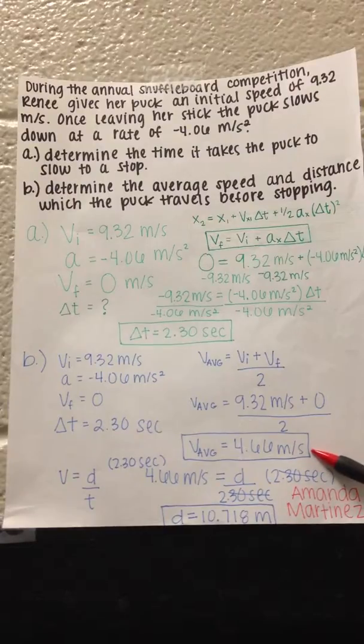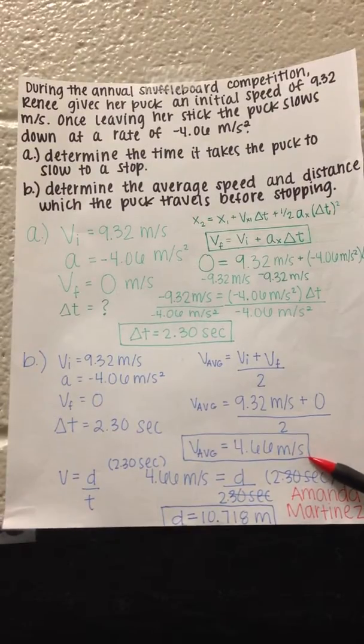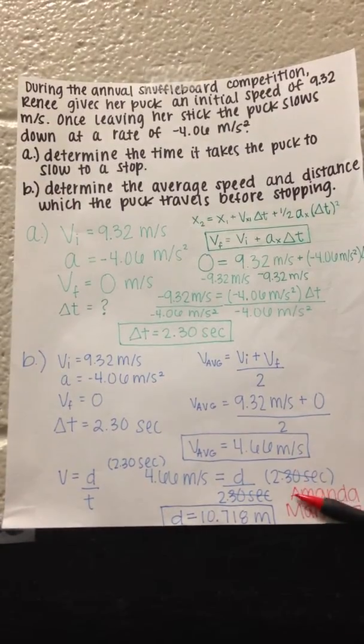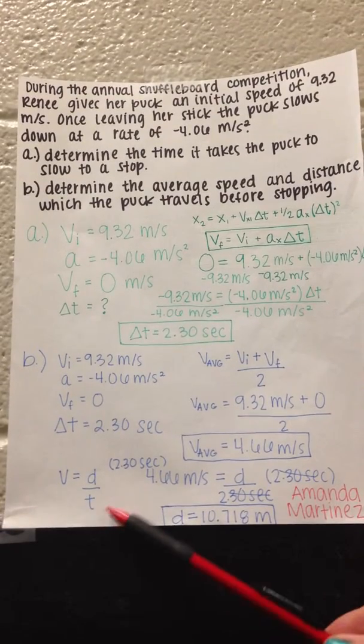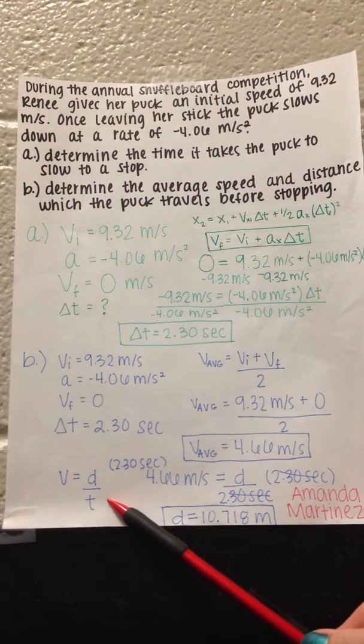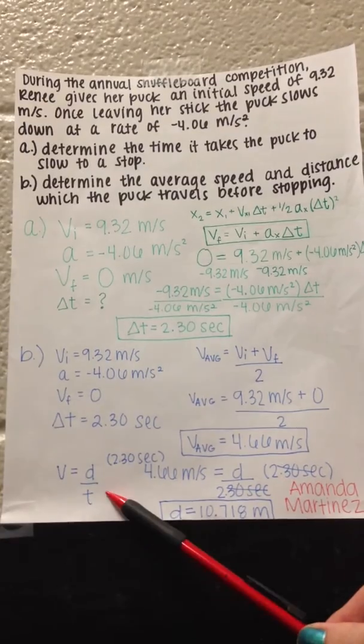Then they ask you to determine the distance in which the puck travels. So in order to do that, you have to use your velocity equals distance over time formula.